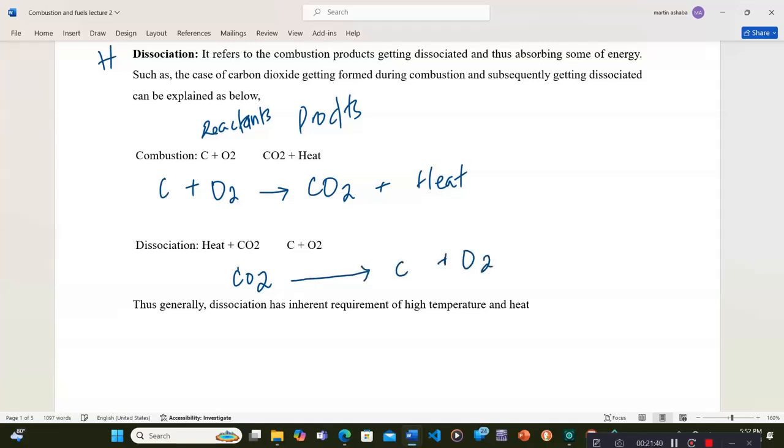This comes as a result of absorption of heat, and this is an example of an endothermic reaction, a reaction that takes place with absorption of heat from the surroundings. Thus, dissociation generally has an inherent requirement of high temperature and heat.